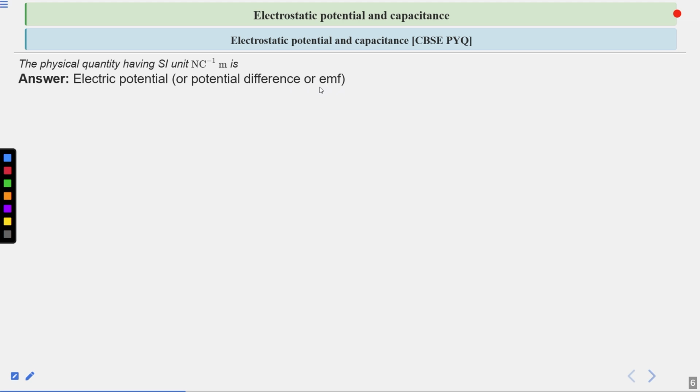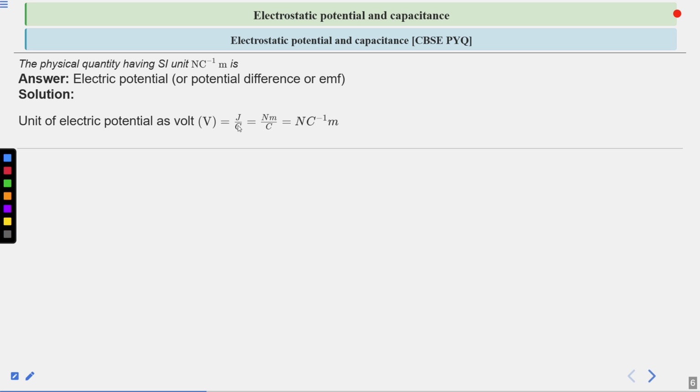EMF we are going to discuss in detail in the next chapter, current electricity. Electromotive force. So for now, in this chapter, potential difference and electric potential. This Newton per coulomb meter is the unit of electric potential. How? We will see.